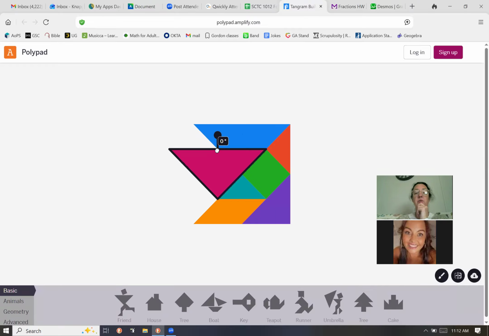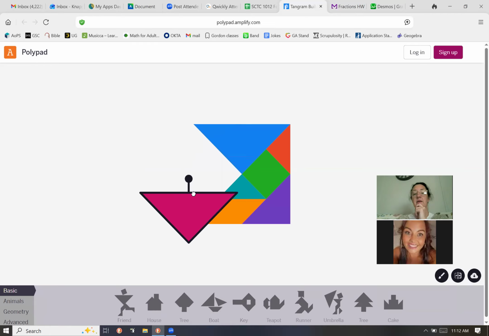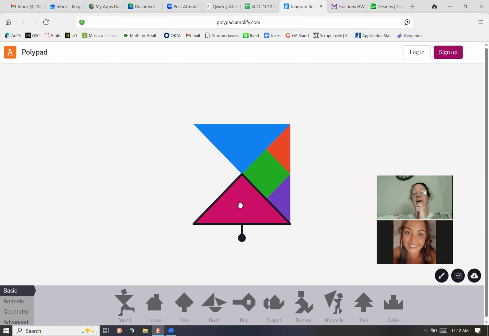So I'm going to rotate this first one and then just drag it. You can see that those are the exact same area. And I'm going to drag it this direction so you can see that that triangle is really just the same as all of those pieces put together.